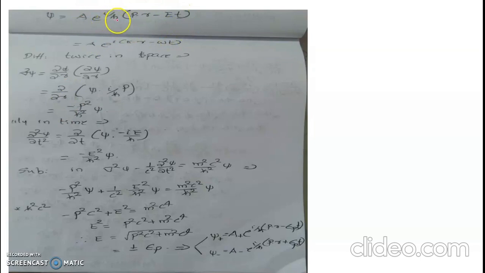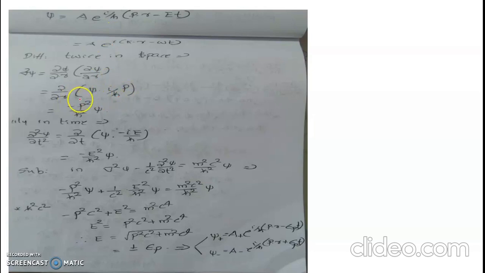A is a constant, so its derivative is zero. The derivative of the exponential is the exponential itself, so psi remains. Now the derivative of the function i by h cross into (p dot r minus Et) is i by h cross into p, since ∂r by ∂r is 1 and the Et term is independent of the position coordinate, so there is no contribution. So ∂psi/∂r is psi itself into i by h cross into p.